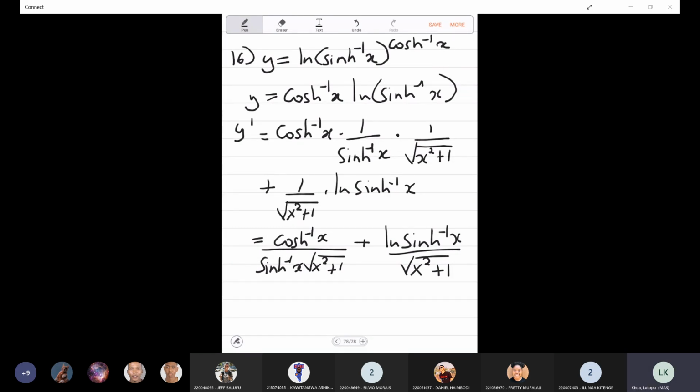Is the derivative of inverse cosh not the square root of x squared minus 1?